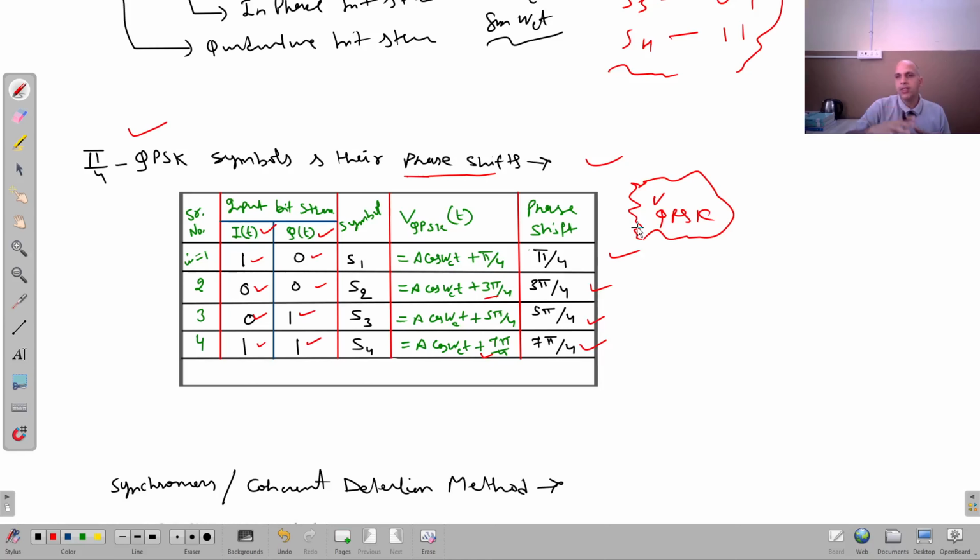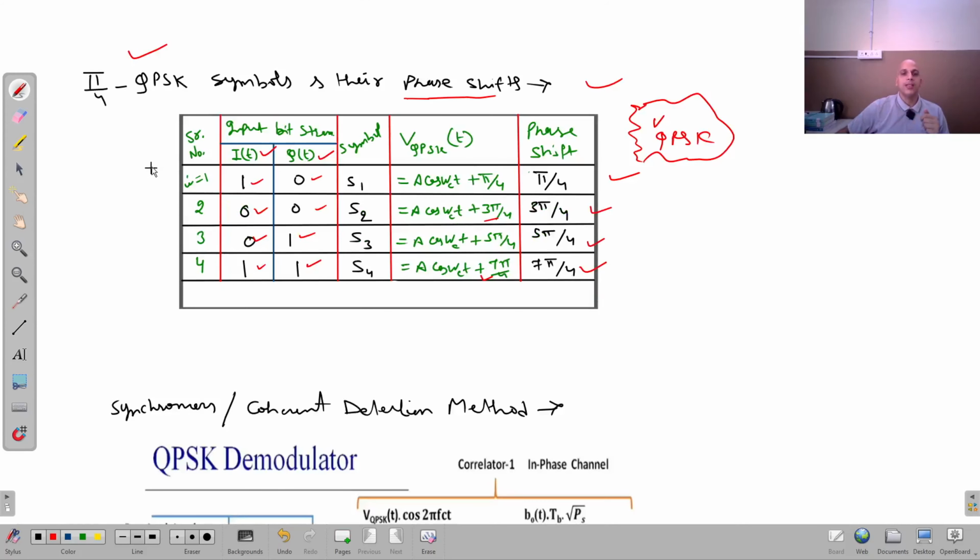Now I am coming to the detection or demodulation part of this pi by 4 QPSK signal. We know that the signal can be represented, in a very simple way, as B odd of t into cos of omega c t, if I take the amplitude as 1, plus B even of t into sine of omega c t.